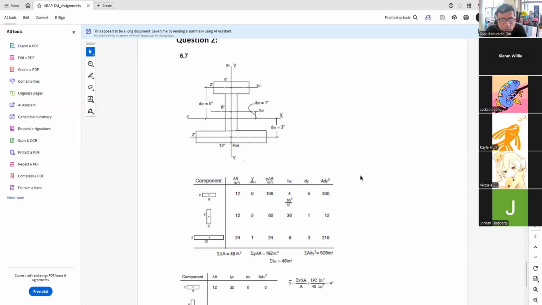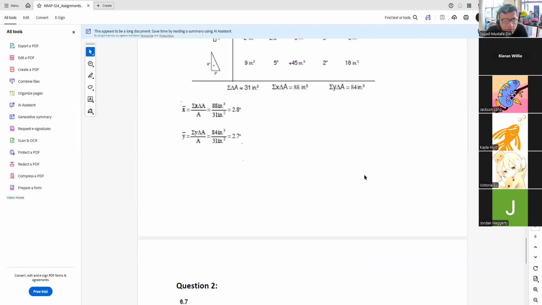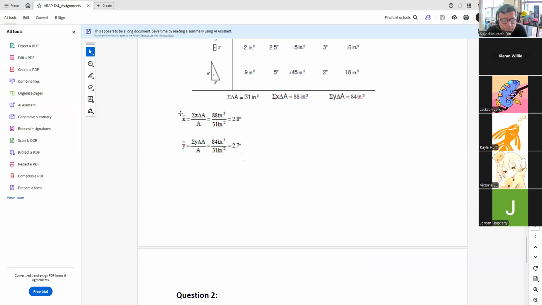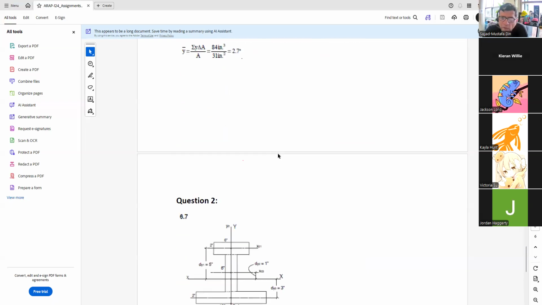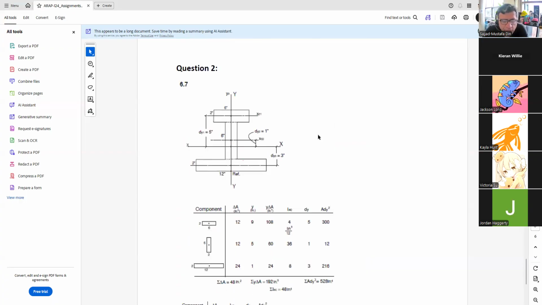Are you guys ready to work on the next one? So the answers would be x would be 2.8 and y would be 2.7 inches. Yes, correct. Because we don't have the square thing, because they minus from each other. Okay, so now we'll take a look at the next question, right?